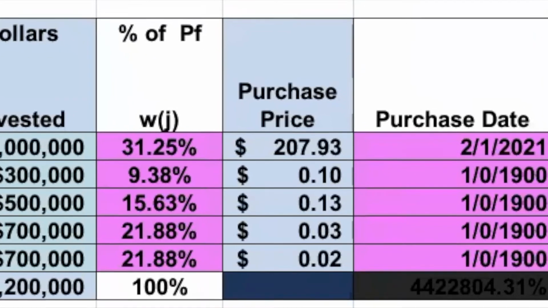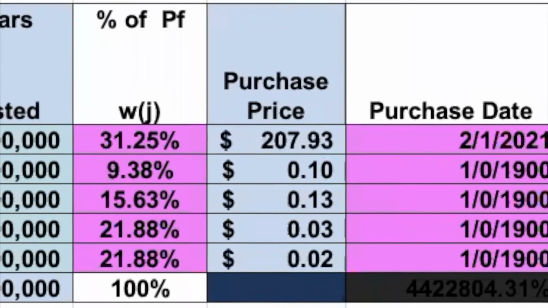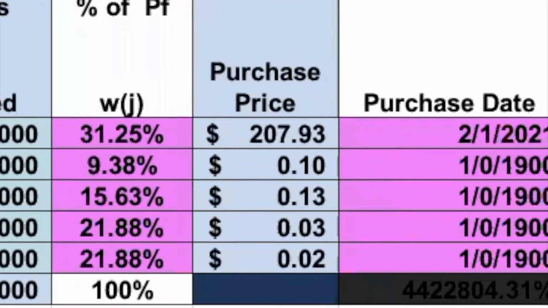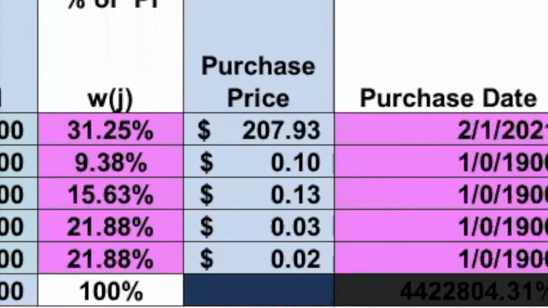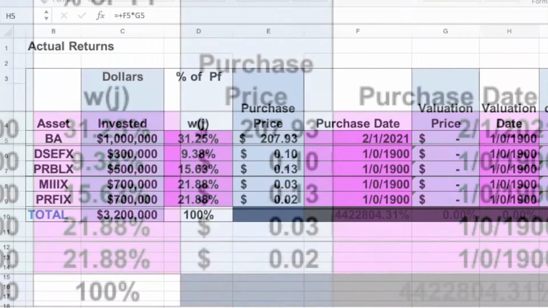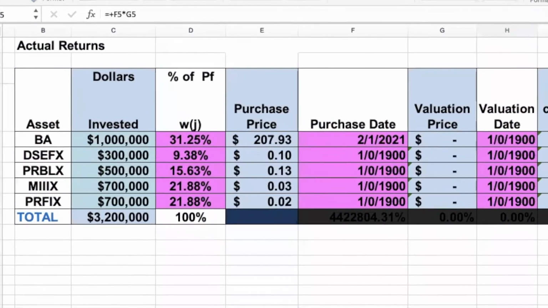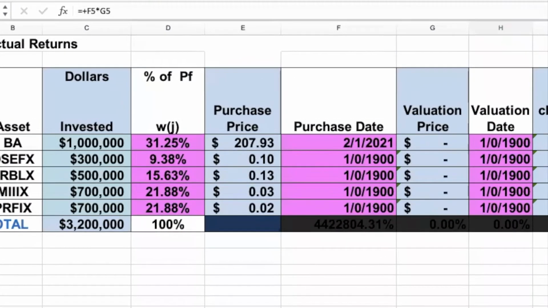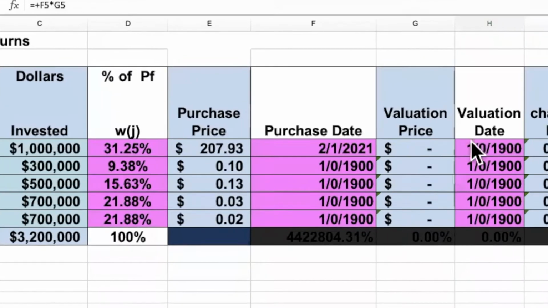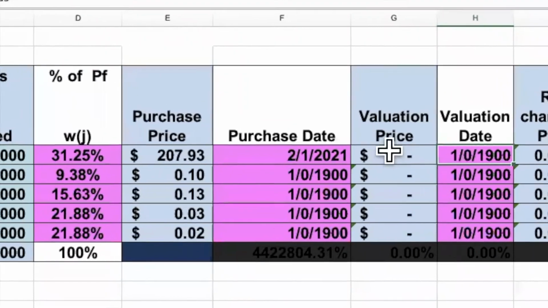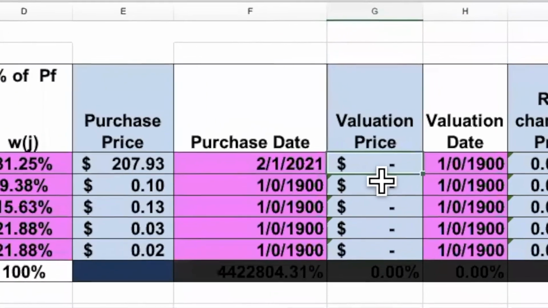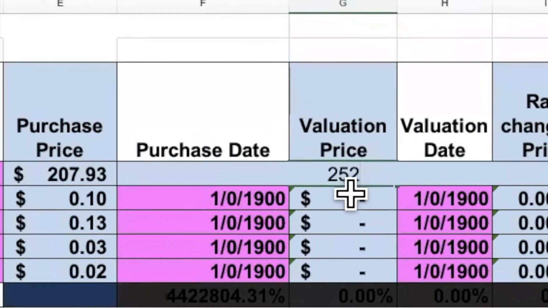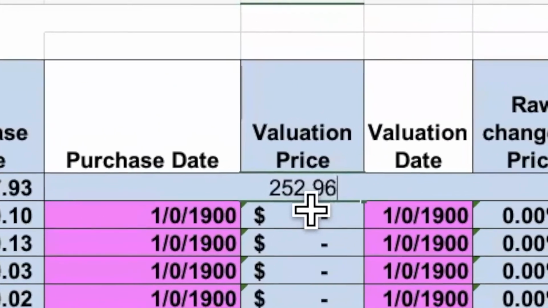Now we're going to value this stock as of the first day in April. The stock price that day is $252.96. That's the day we're going to value the portfolio.